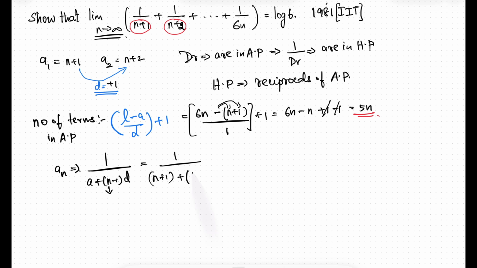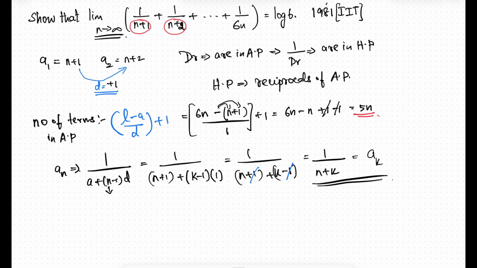Let me write it as k minus 1 times d, where d is 1. So it is 1 upon n plus 1 plus k minus 1. The plus 1 and minus 1 cancel, and here you have the reciprocal of n plus k. So this is your kth term.